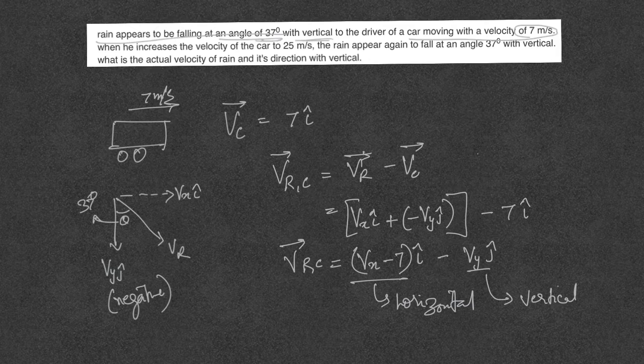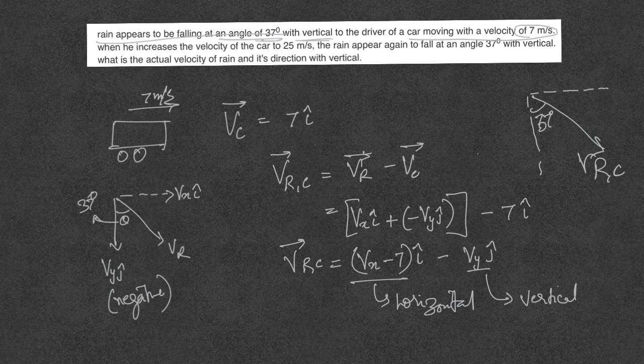Now if we know the horizontal and vertical components, let me draw a triangle again over here. Let's say this is the velocity of rain with respect to the car, and this is 37 degrees.